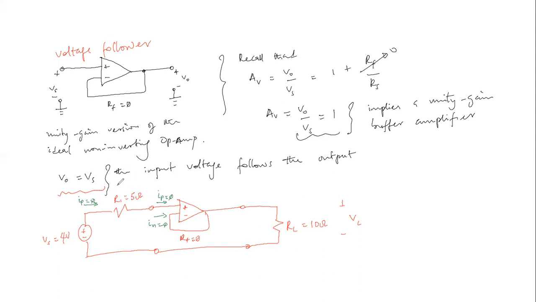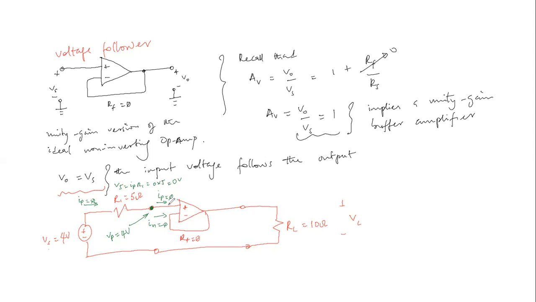So in other words, V5 is the same as I sub P times R1, which is 0 times 5, which is 0 volts. So it means that the entire source voltage will appear at this node. So at this node, VP is going to be 4 volts, the entire 4 volts. Okay? So in other words, the entire 4 volts at the source is the same at this node, since there's no voltage drop across this resistor, because the current flowing through this terminal is 0.